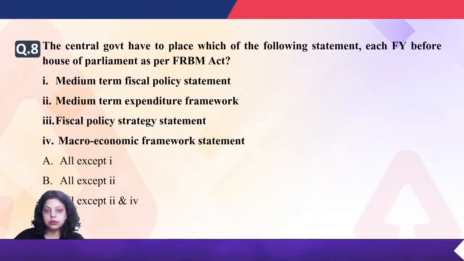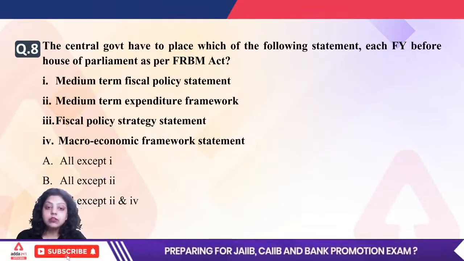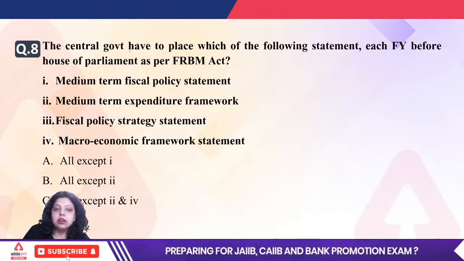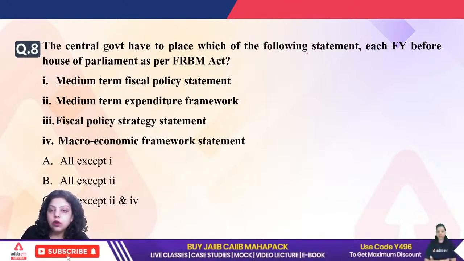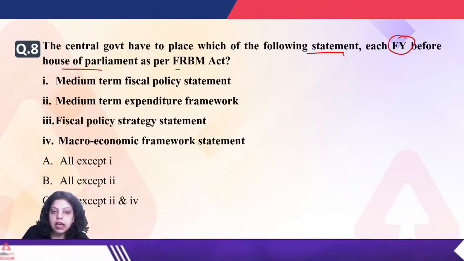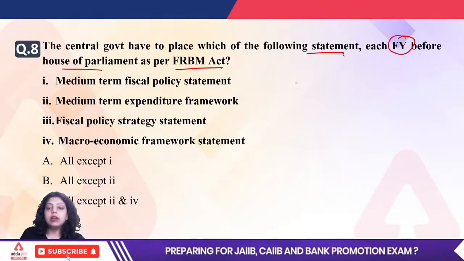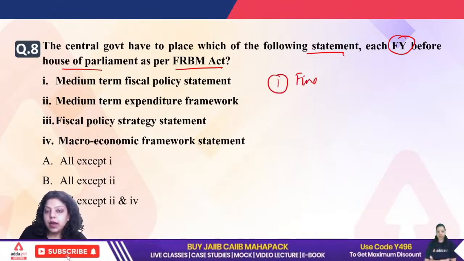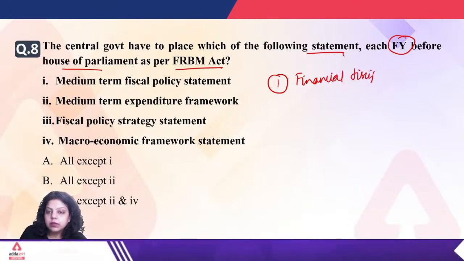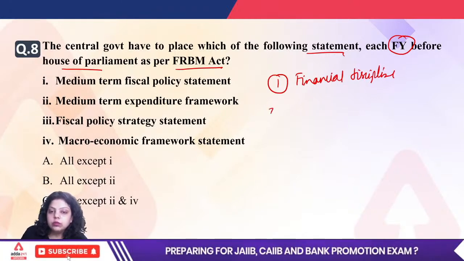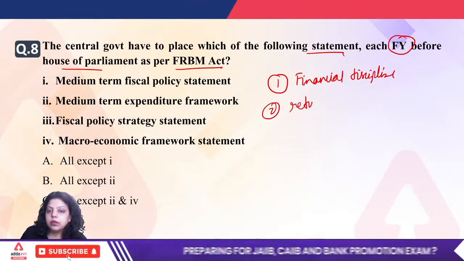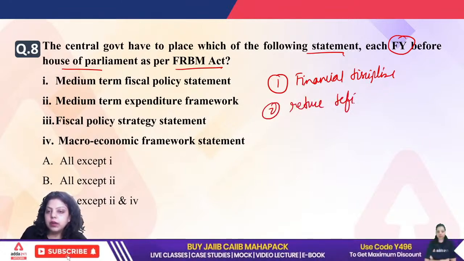Okay, next. Again, the next question related to the FRBM Act: the central government has placed which of the following statements each financial year before the House of Parliament as per FRBM Act. So what I have said is that FRBM Act was introduced to maintain the financial discipline in the country and to reduce the deficits of government.